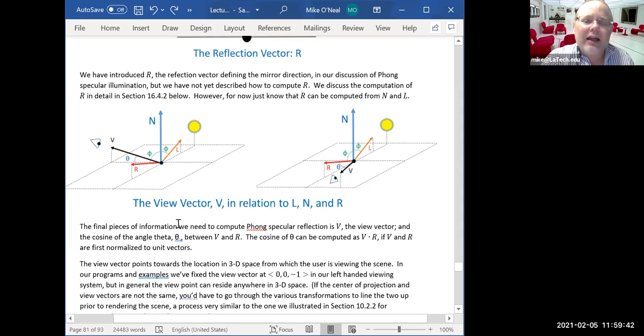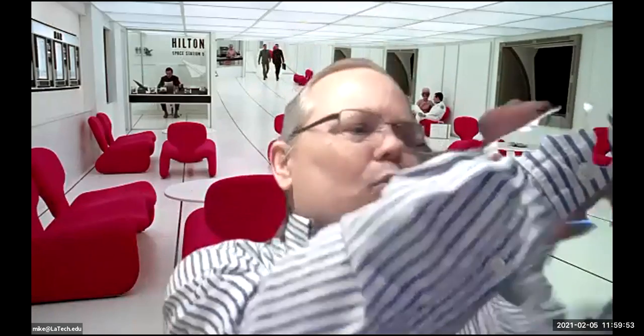In other words, light in Phong is going to come in and bounce off in a particular direction. Well, if I'm way over here, looking at this surface, I'm not going to see this reflection because I'm nowhere near it.